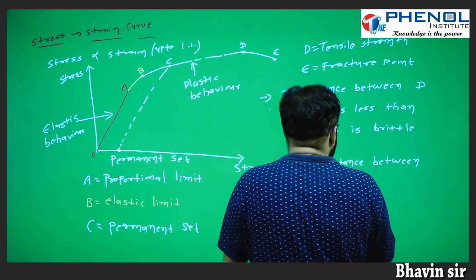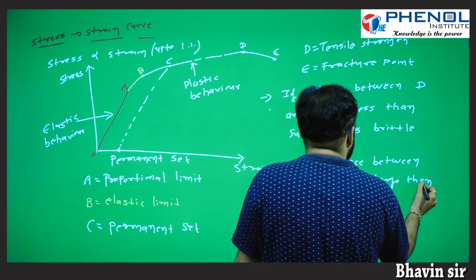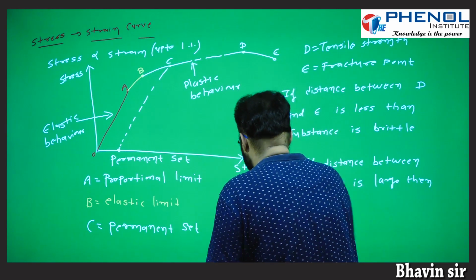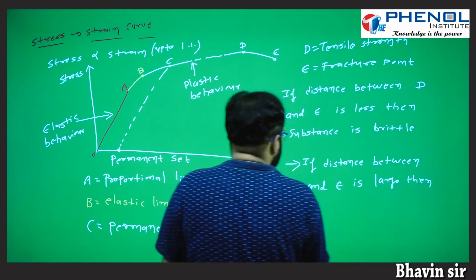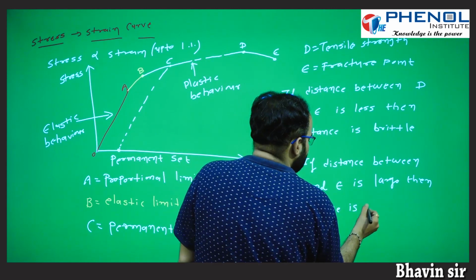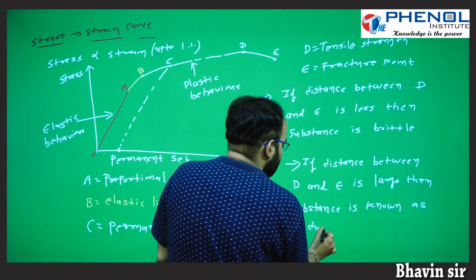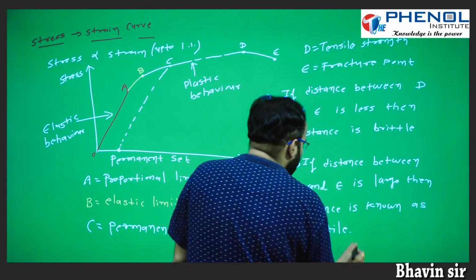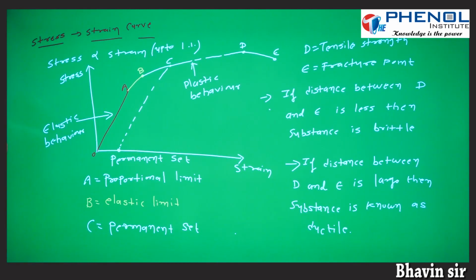If the distance between D and E is large, then the substance is known as ductile.